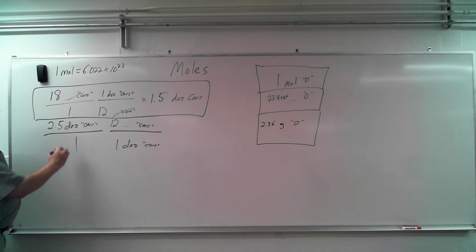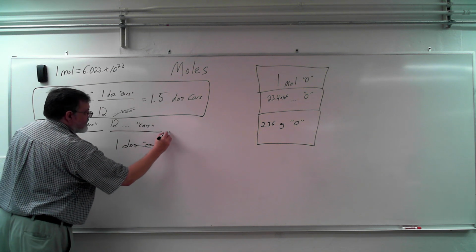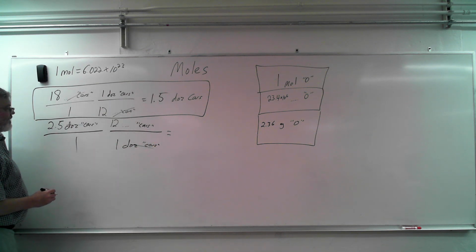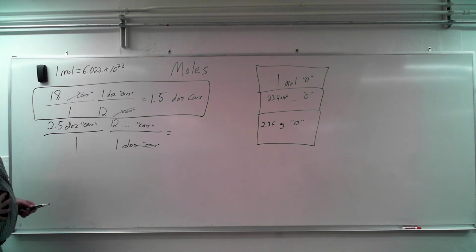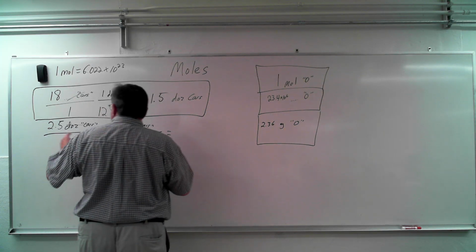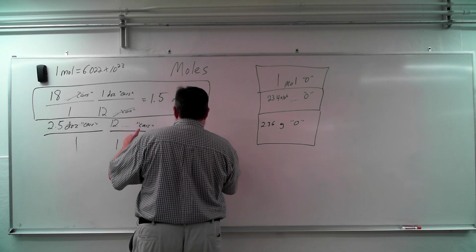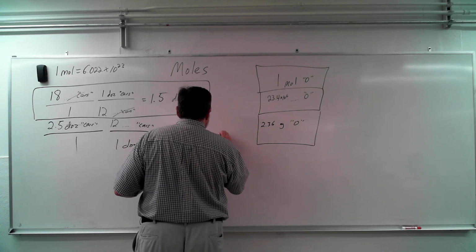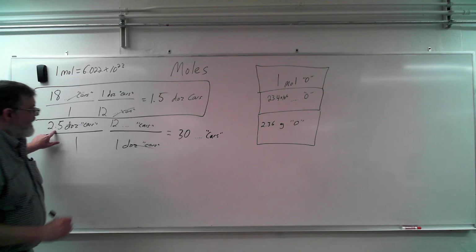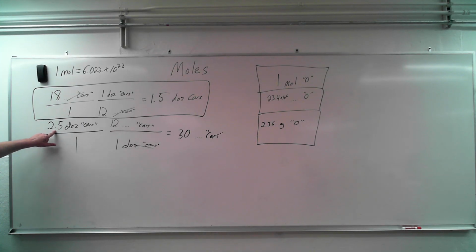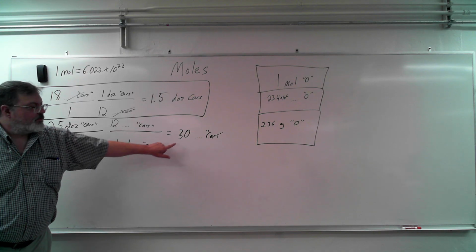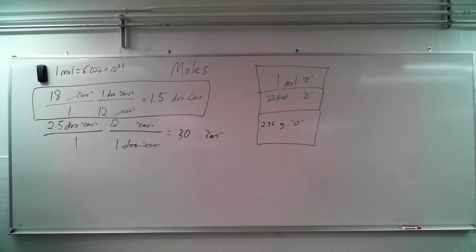Now, if you calculate that out, dozen cars cancels with dozen cars. 24 plus 6, yeah, that's 30, right? So this times this, we end up in 30 blank. I went out and counted it, there were 2.5 dozen. And I came back in here and said, tell me what that is in just numbers. That's how you would set it up, and you would find that 2.5 dozen is 30 cars.